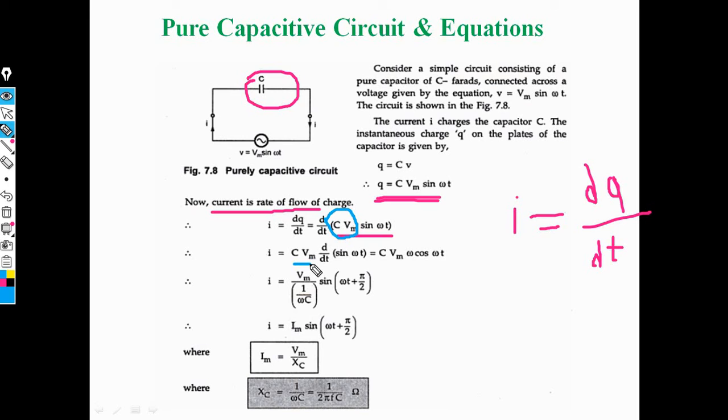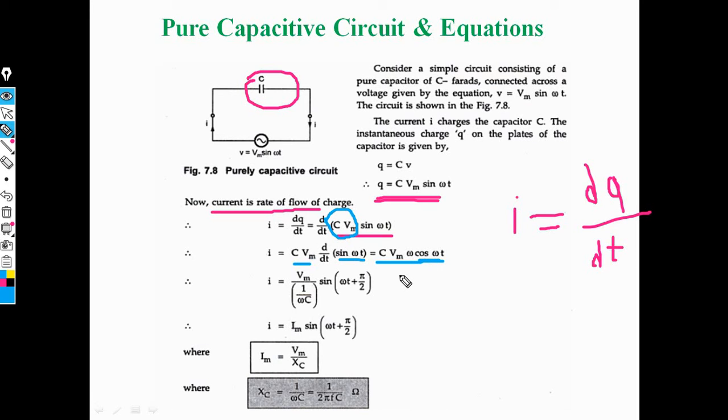We need the derivative of sin omega t, which is cos omega t, and the derivative of omega t with respect to t is omega. Then we obtain I equals C Vm omega cos omega t.